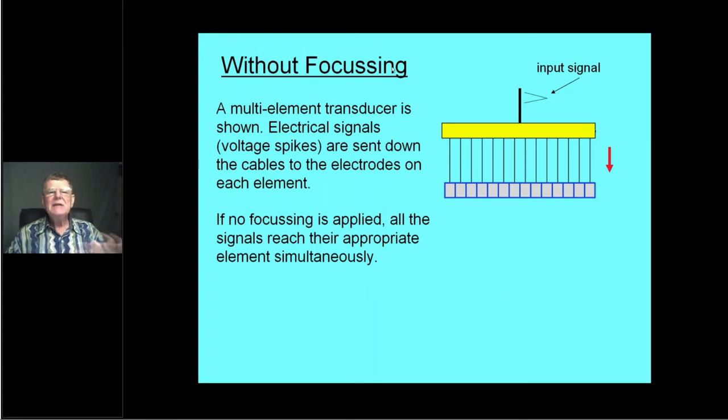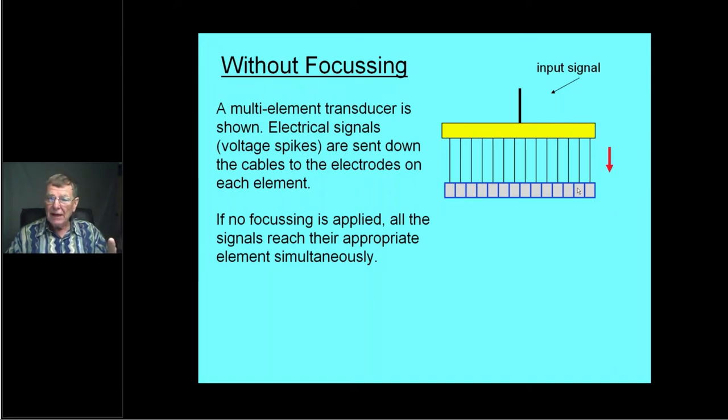Now, if we did not use focusing at all, the signal will come down, go into this splitting area. It would break up into signals that will go along all these individual wires and energize all the transducer elements at the same time.